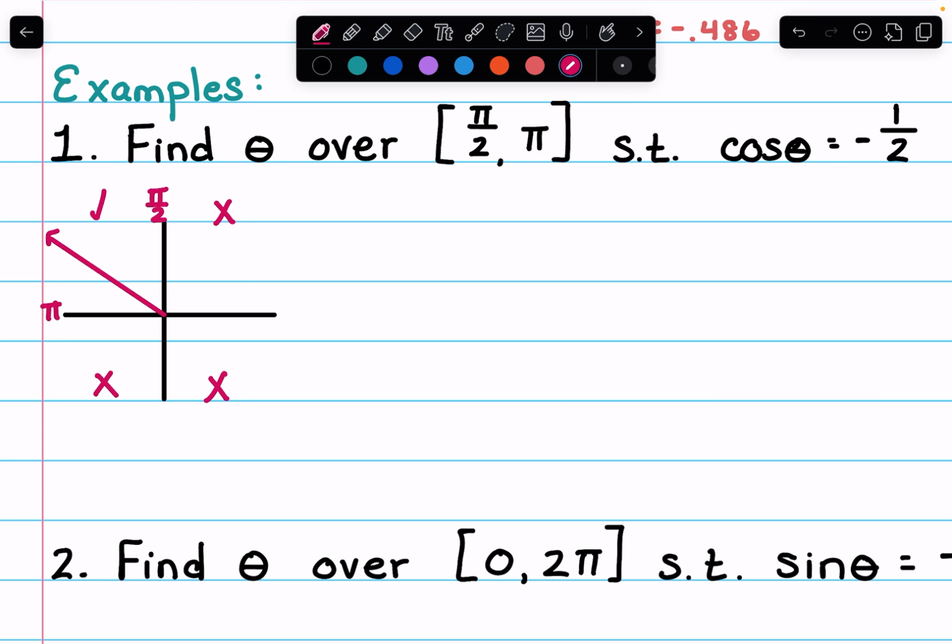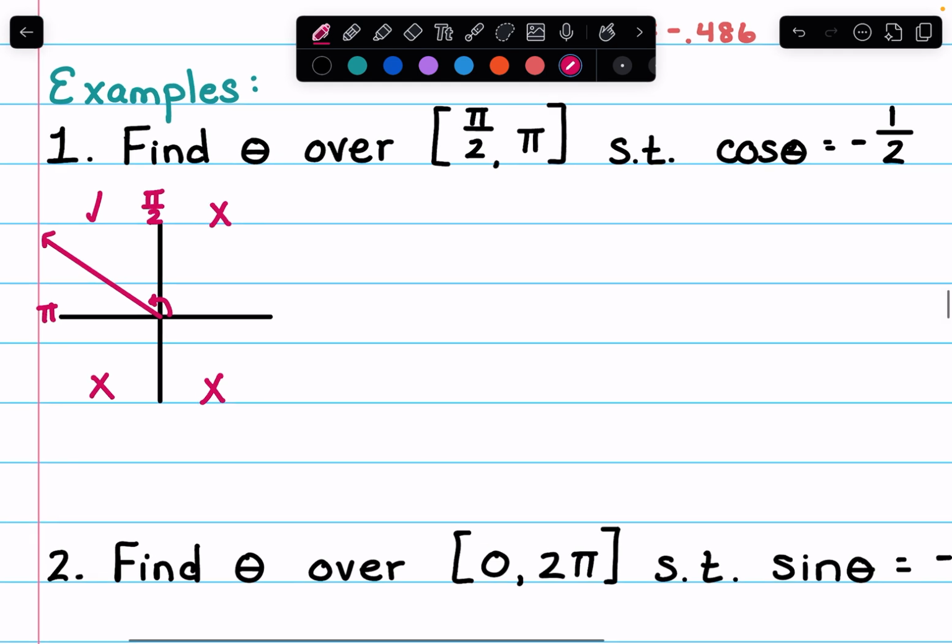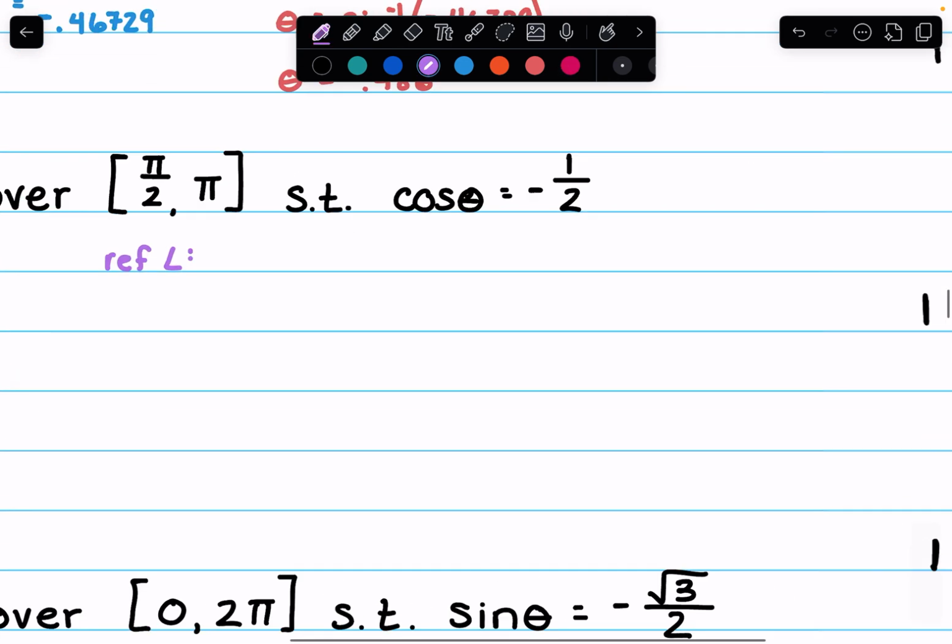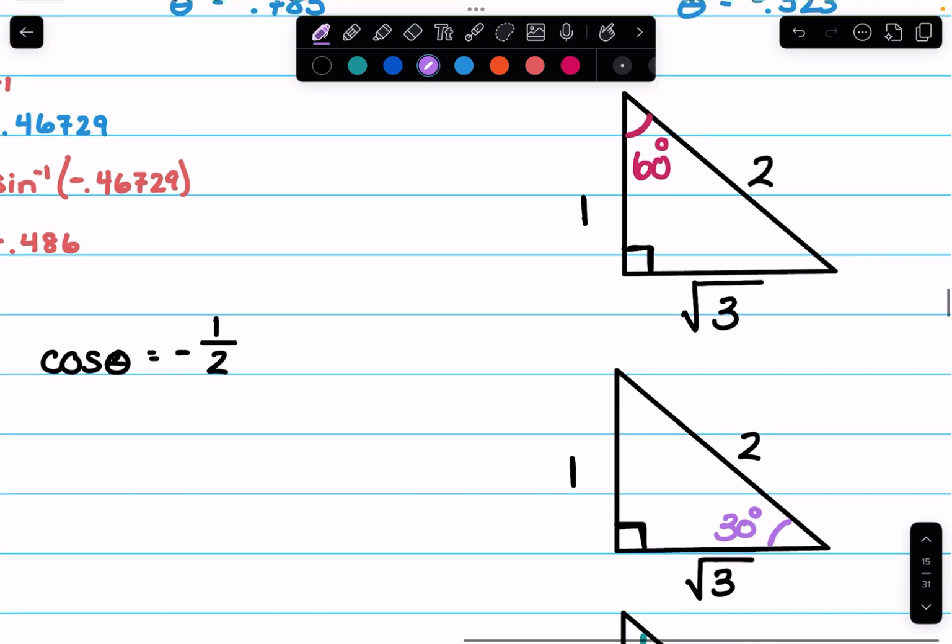All right? So if cosine is 1/2, right, it would be really helpful if I knew a reference angle, right? If cosine is 1/2, and this is pi over 6, pi over 3, sorry. Pi over 3, pi over 6 is 30.